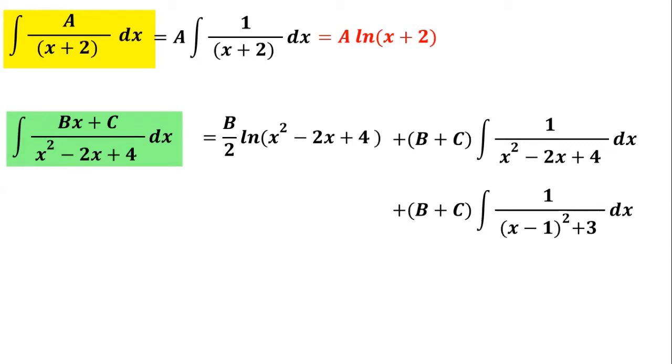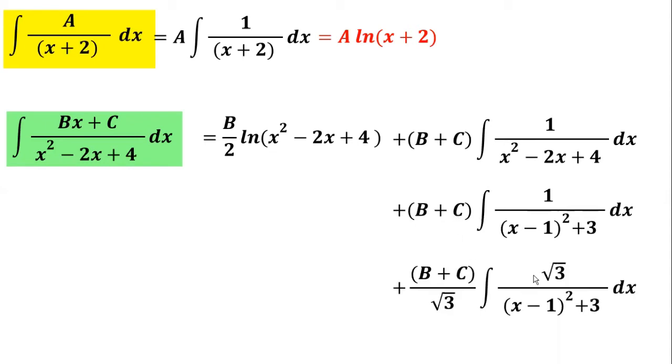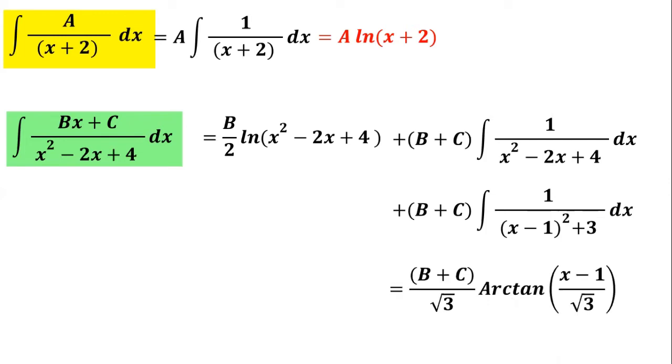And now we have a bracket squared plus a constant, and this constant can be written as (root 3)^2. Now we are going to divide by root 3 and multiply by root 3. This takes the form of arctan, so the answer will be arctan of (x - 1) over root 3.